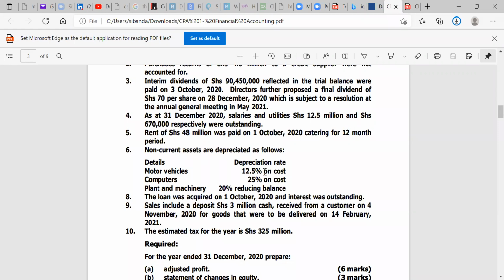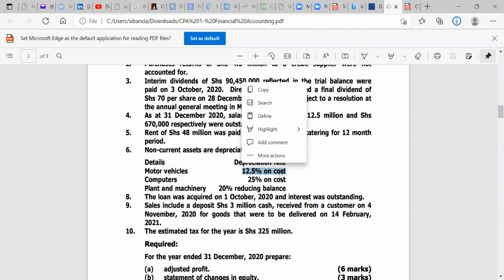Now, when they say 12.5% on cost, it's the same thing as being told to use straight line depreciation. Because we have two methods of depreciation that you're going to interface with on this journey: straight line depreciation and reducing balance method. So when they tell you motor vehicle 12.5% on cost, you just get the 12.5% and apply it on cost.